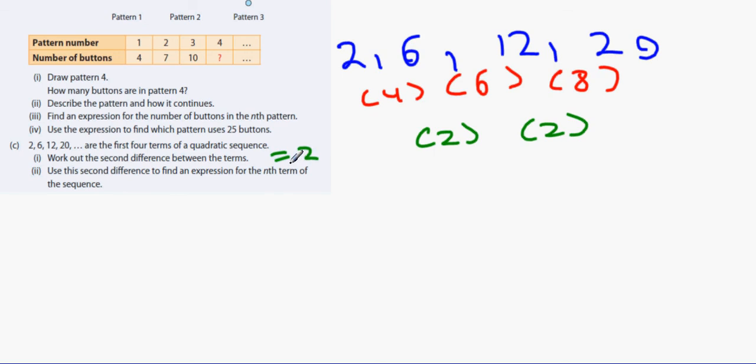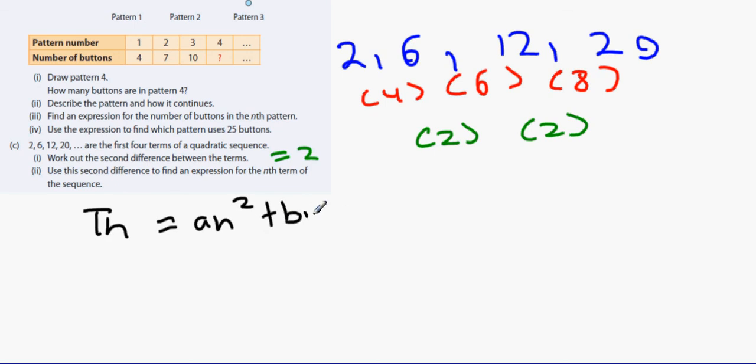Use this second difference to find an expression for the nth term of the sequence. Okay, now to find an expression for the nth term of the sequence, what we have to do is the following. We use a formula called Tn equals an squared plus bn plus c.